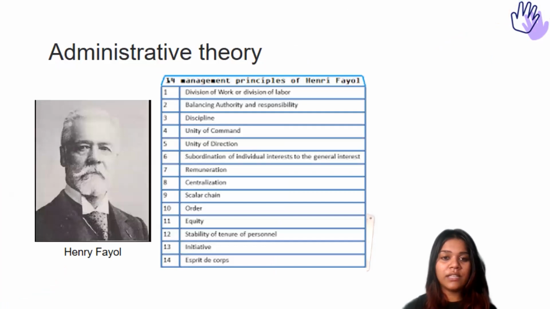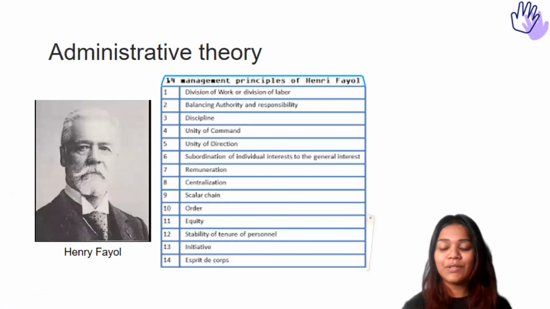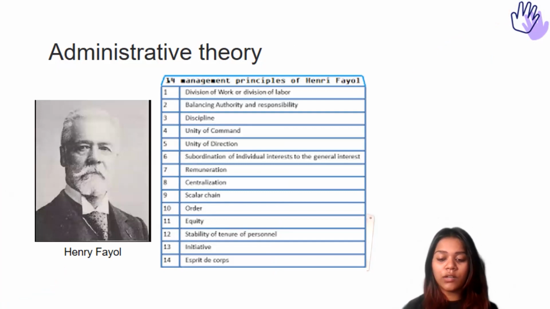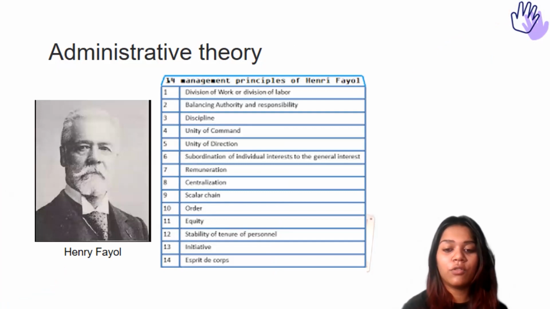Administrative theory. It was given by Henry Fayol, and he gave 14 management principles. The very first one is division of work or division of labor. This was the very first principle given by Henry Fayol. Fayol observed division of work, which means that a worker is given only some elements of work to take advantage of specialization.